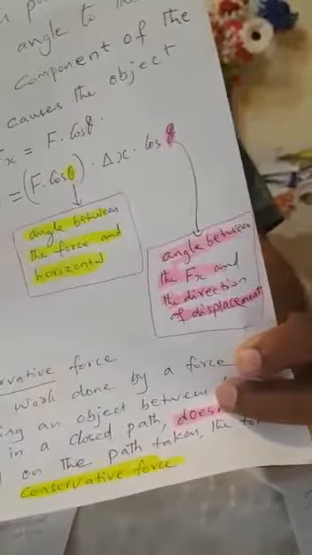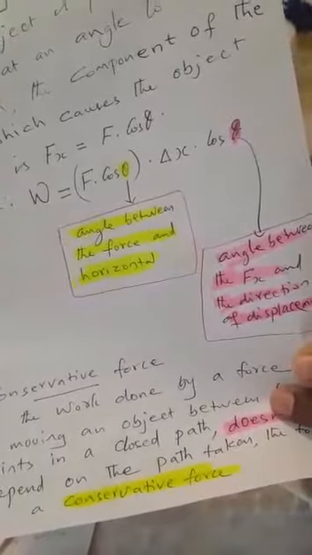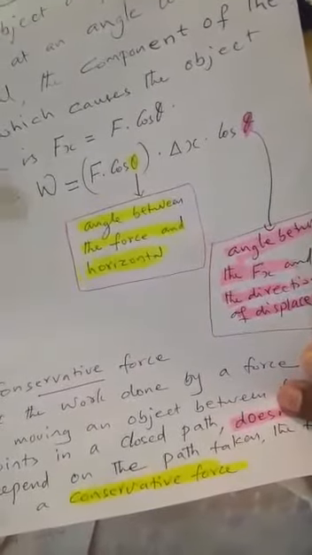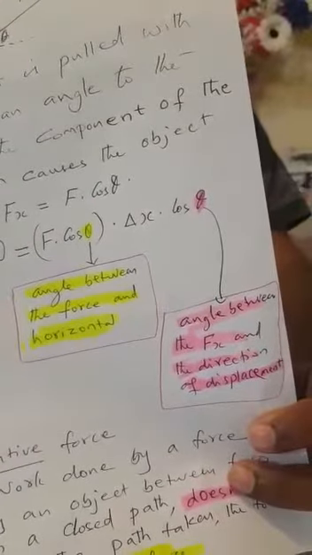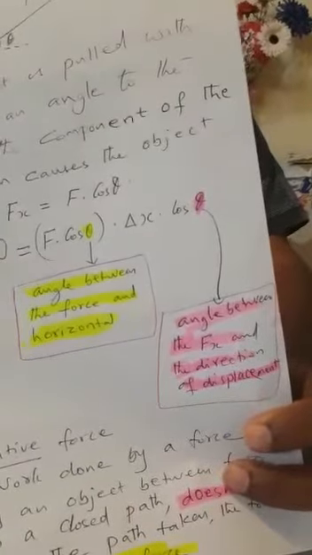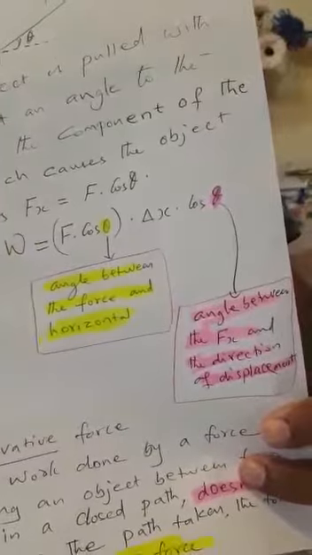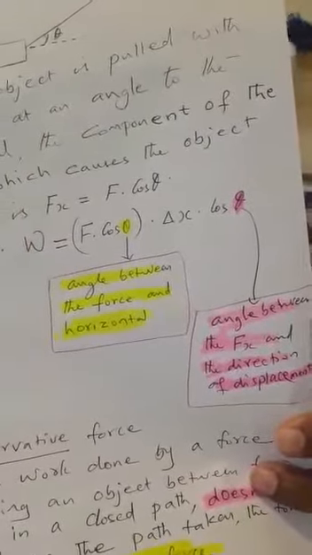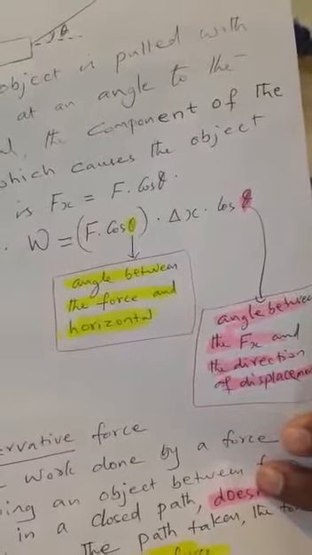So we use theta, but those thetas represent two different angles. Be aware of that. In short, this is how we calculate the work done by a force which makes an angle theta to the horizontal. So it should be Fx times delta x times cos theta.